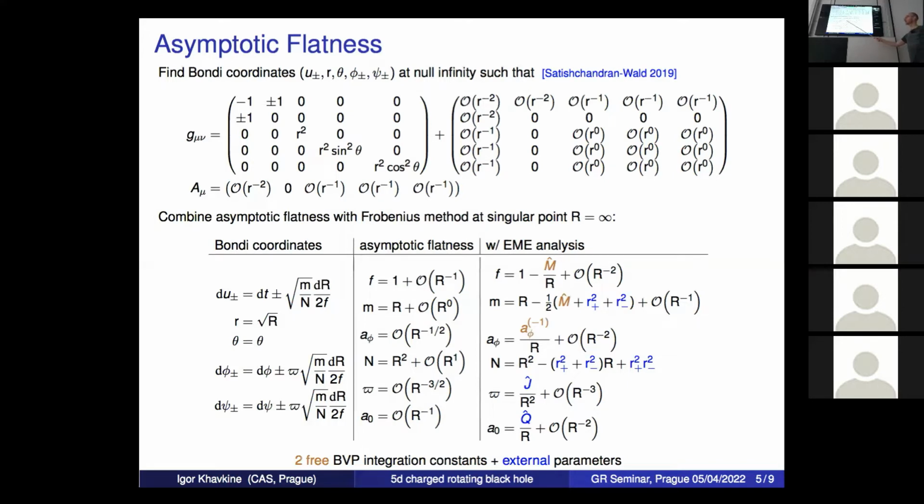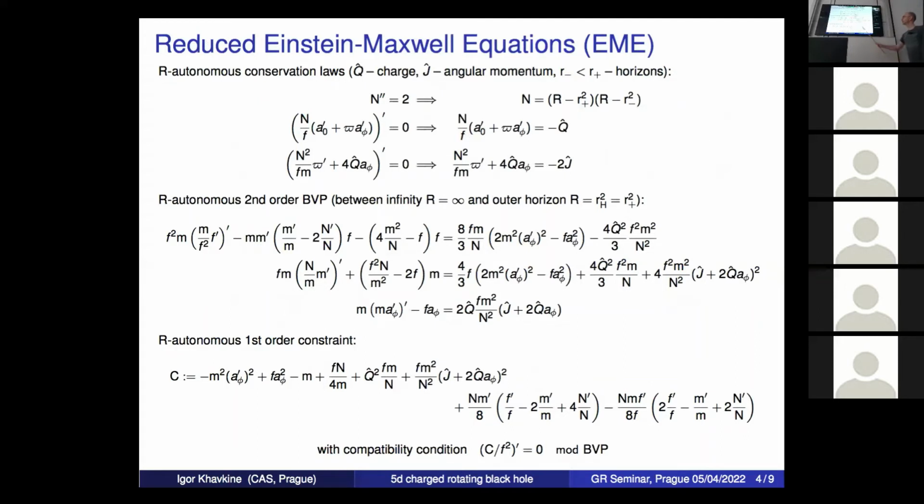And at this point, what we had to do was go back to, basically, the main thing we needed to make sure is that we could consistently solve this BVP at infinity as a power series expansion.